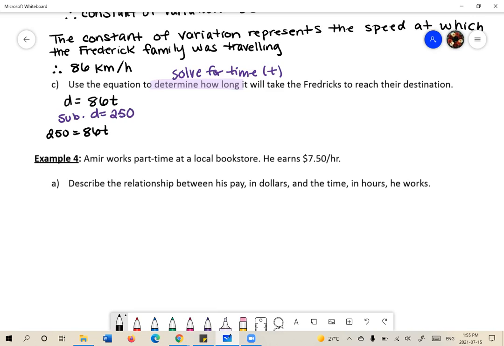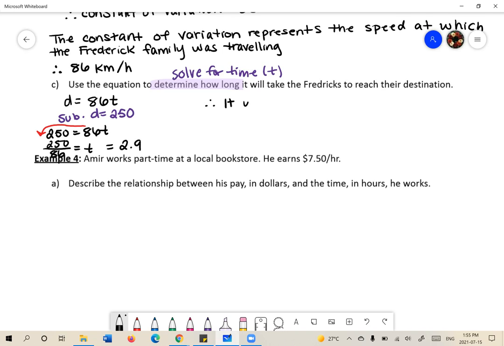And solve for t. I'm going to bring my 86 over to the other side, and it'll become its opposite operation. 250 divided by 86 is equal to t, which is equal to 2.9.